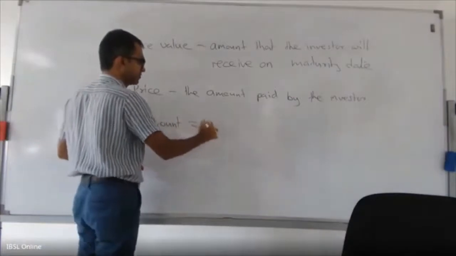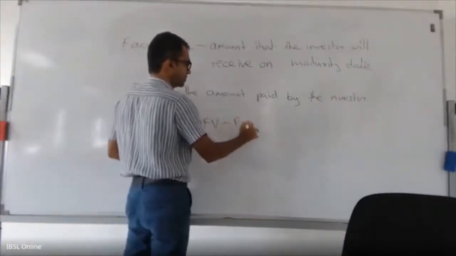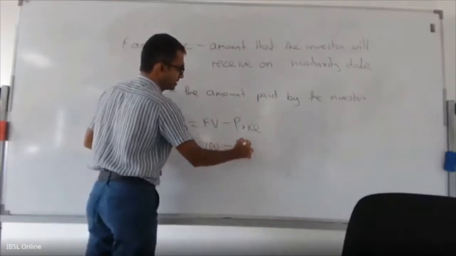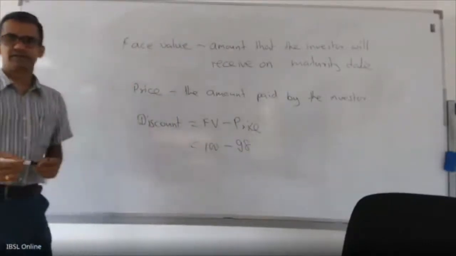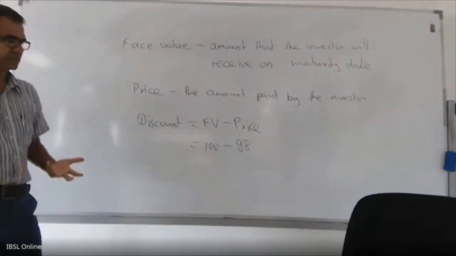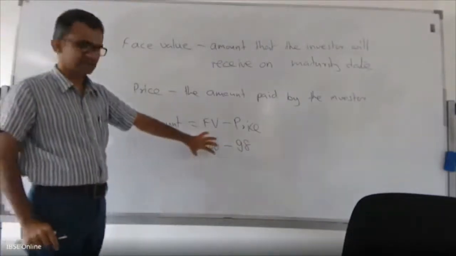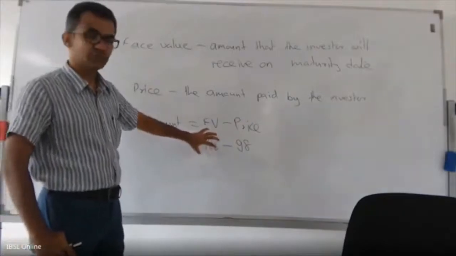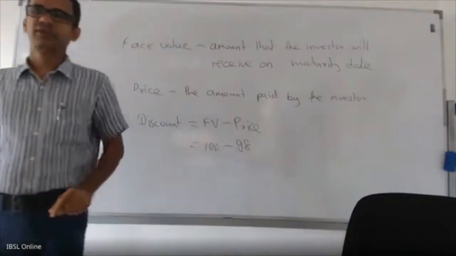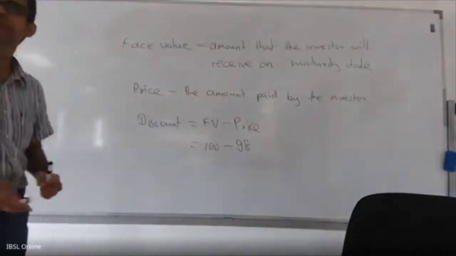Discount is the face value minus price. It's like 100 minus 98 or 99. If you buy a 91-day treasury bill, you will receive 100 rupees on the maturity date, but to buy that you pay today only 98 rupees. So what is the discount?